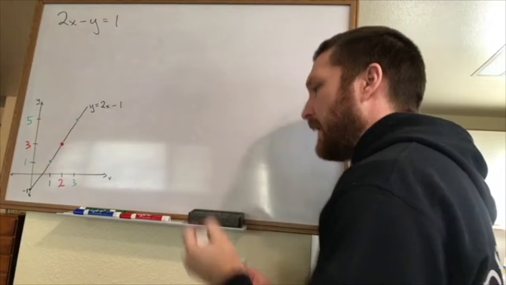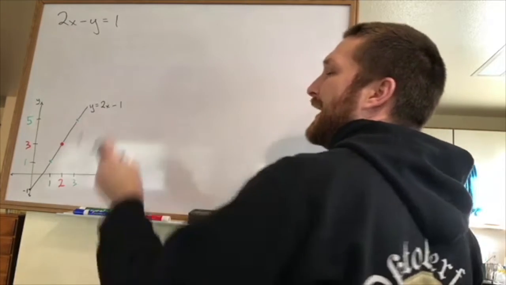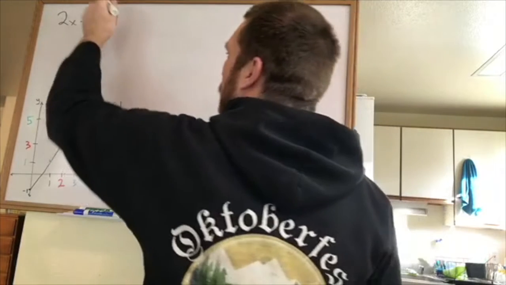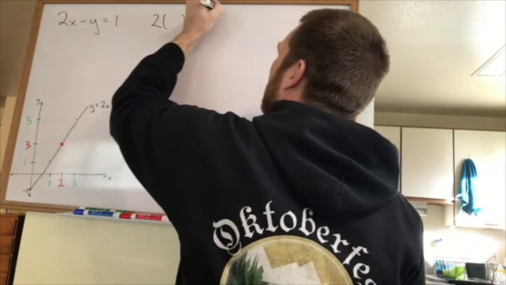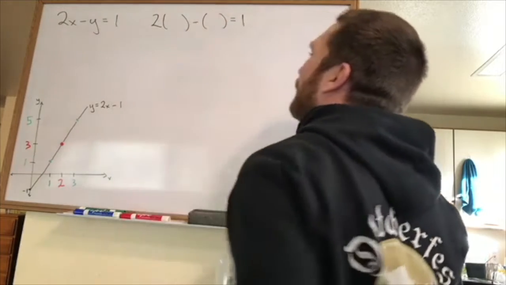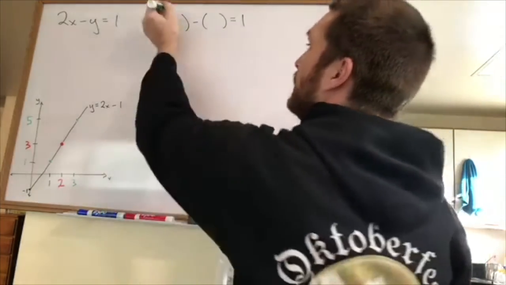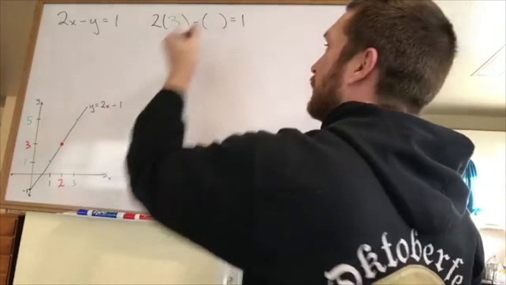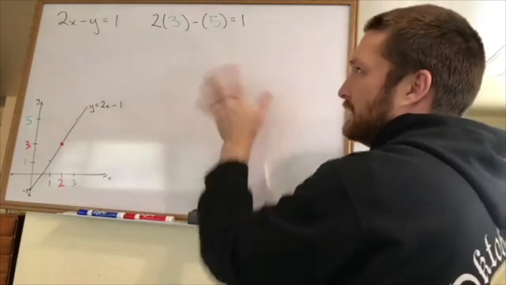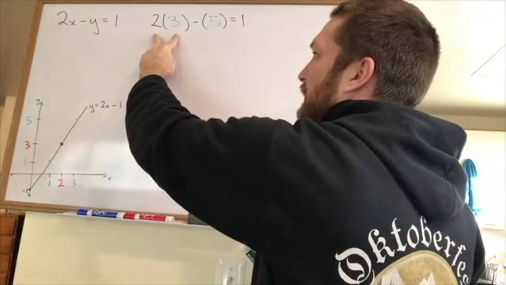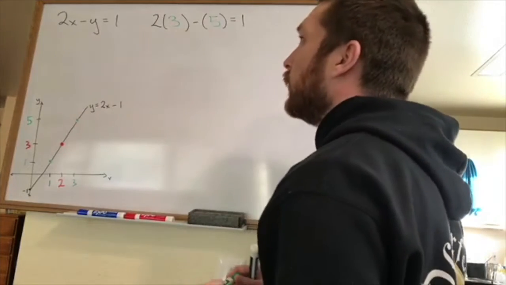So let's just think about that now. I'm going to do that by taking the point, say, 3 comma 5. So when x equals 3, y equals 5, and we plug it in, we end up with a true equation. What does that mean? Well, we're just going to plug these in. I plug in 3 for x, I plug in 5 for y, and we can see that this is true, right? 2 times 3 is 6, minus 5 is equal to 1.